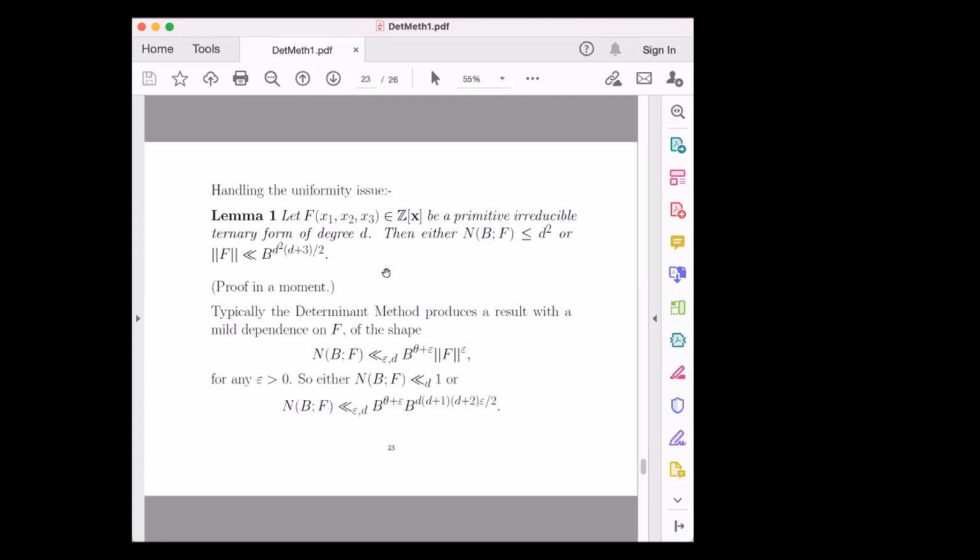Then there's an easy theorem that I'll prove in a moment, which says that either the counting function up to B is of size at most d squared, or the height of the form, that's the maximum modulus of any coefficient of this form, is at most this rather large power of B.